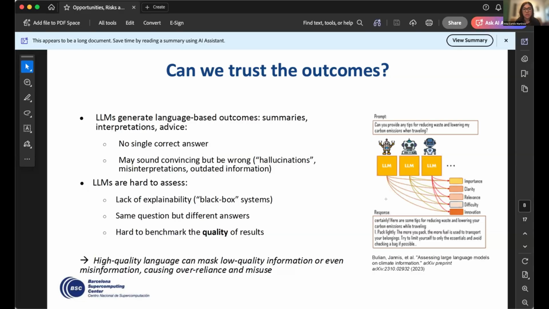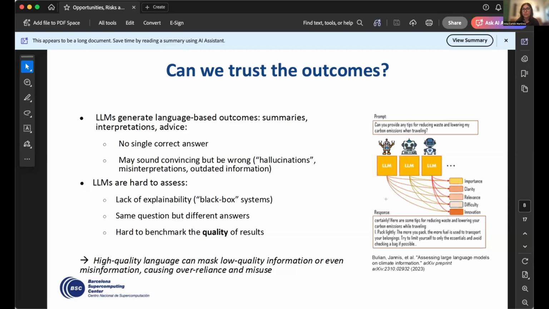So as I said, it's hard to assess, first, because there is a lack of explainability. We are working with these black box systems. As I said, we can have different answers for the same question. And all of this makes it hard to benchmark the quality of the results, especially if we think about how we evaluated traditional AI systems, more working on accuracy, right?